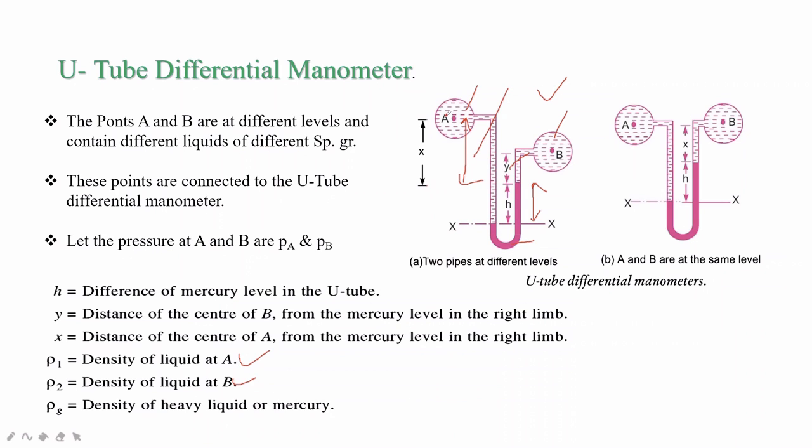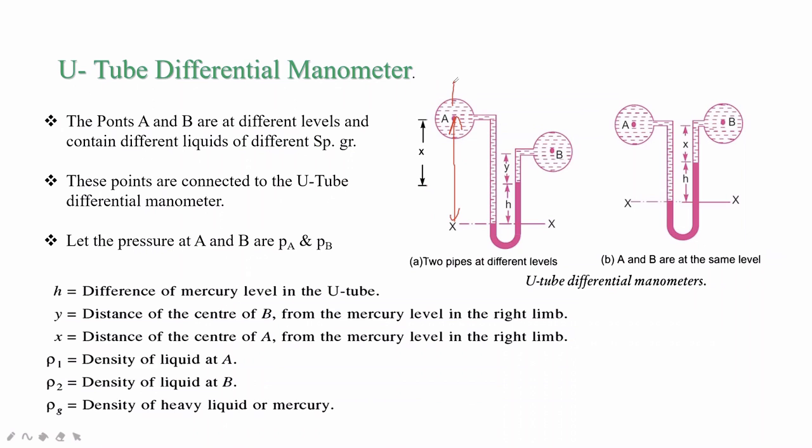The pressure at A plus rho 1 g times this distance. What is the distance from here to here? Because the distances are defined with the mercury levels, this distance is x plus h.